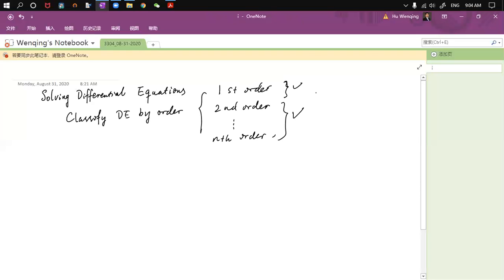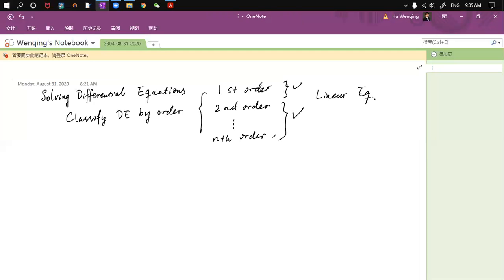And we're also going to mainly talk about how to solve linear equations. So we're going to have a systematic theory. Remember, we've been talking about classification of these equations as linear or nonlinear.